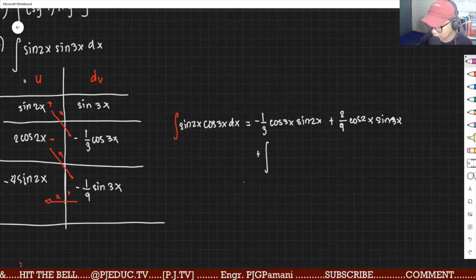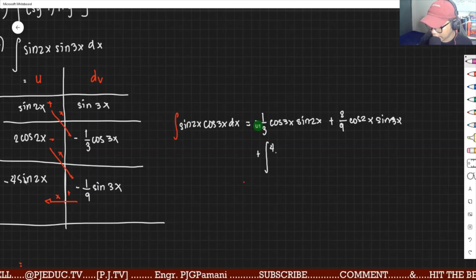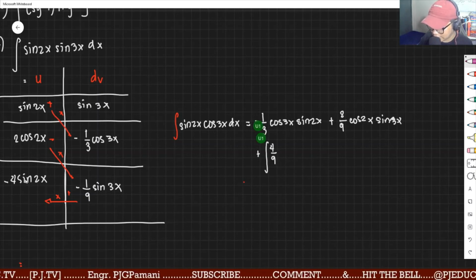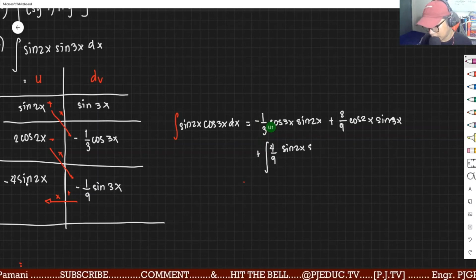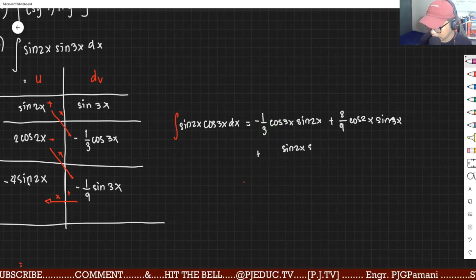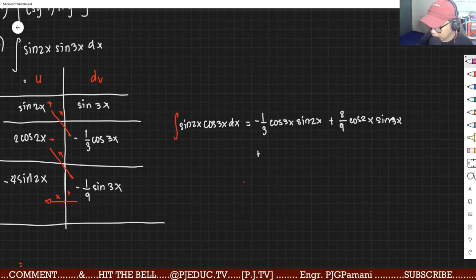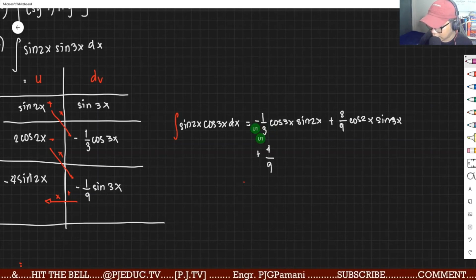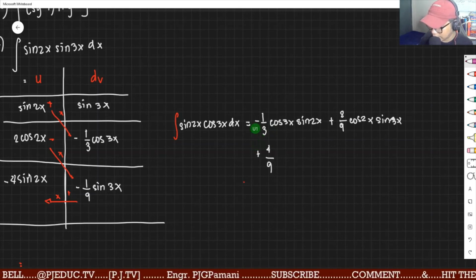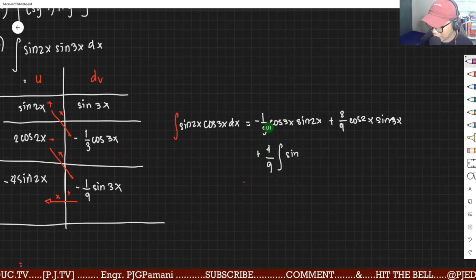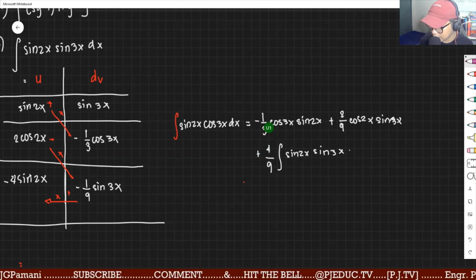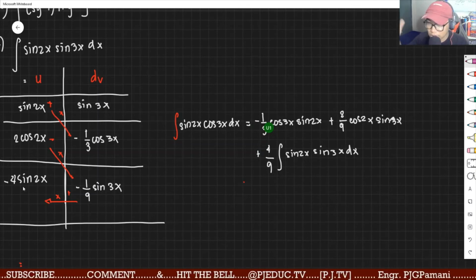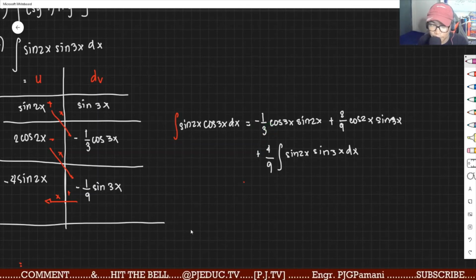That is positive 4/9 of what? Sine 2x and sine 3x. Ilabas ko na yung constant. Ayun, anong next step natin with this problem?